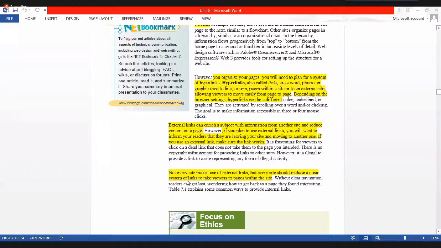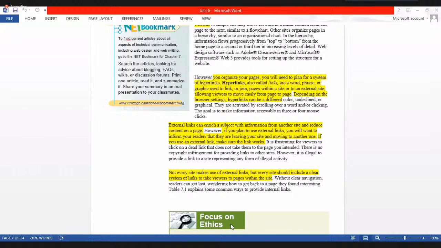Then here, not every site makes use of external links, but every site should include a clear system of links to take viewers to pages within the site, isn't it? So we don't find external links in every site, but that one thing must be clear to every site, that every site should include a clear system of links.